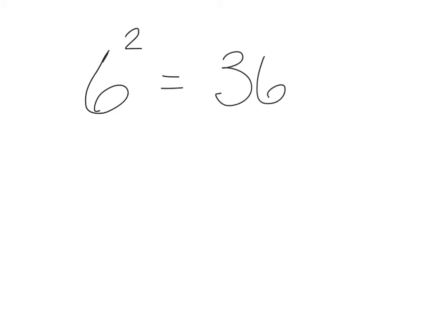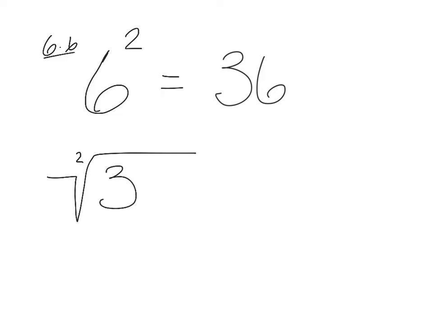If I take 6 squared, 6 to the power of 2, 6 squared equals 36, correct? Means 6 times 6, right? Well, the square root, and this is kind of like an invisible 2 there, saying it's a square.